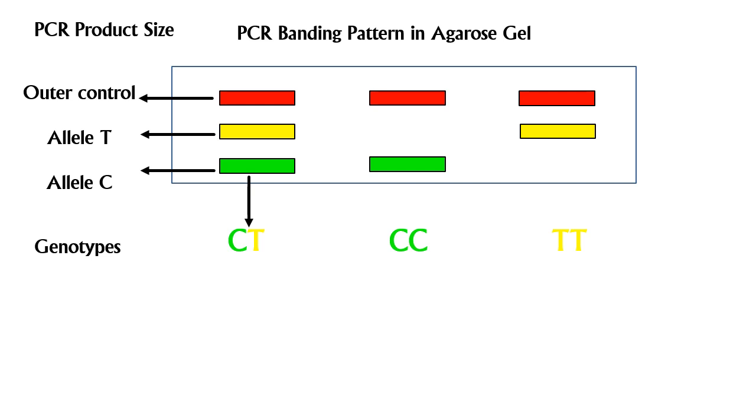So these arrows show the genotypes of the DNA molecules for which we have carried out the ARMS PCR.